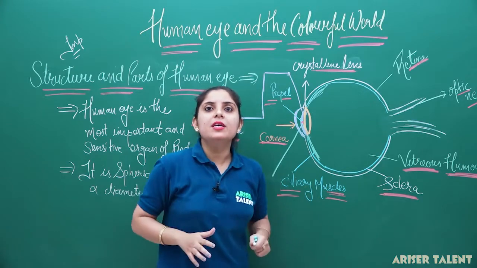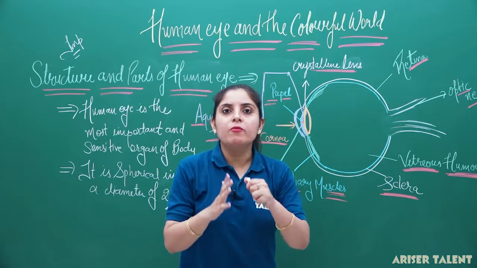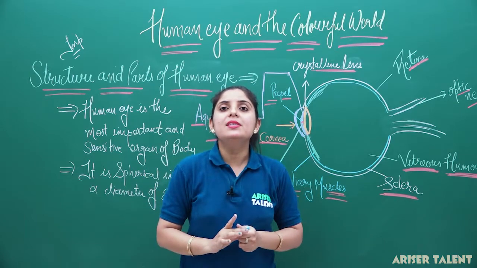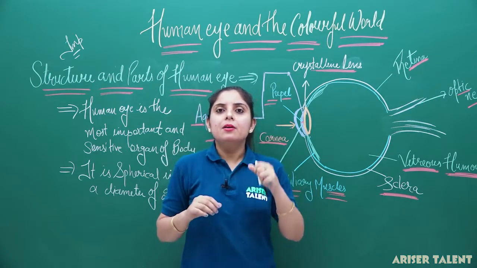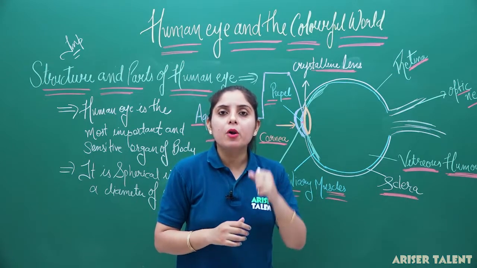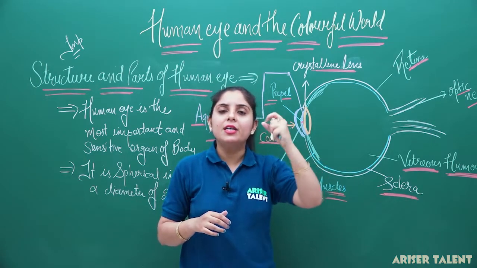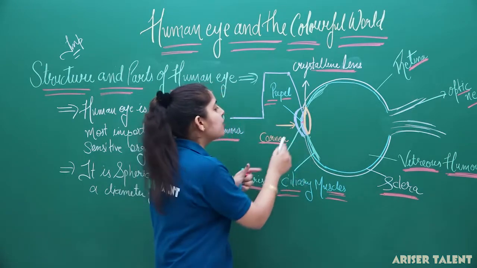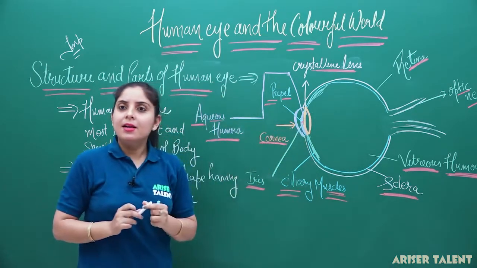When you are in a dark room and you come outside in the sun, you can see that our eyes will close. Why is it happening so? Because the iris has a tendency to control and regulate the light rays falling on it.